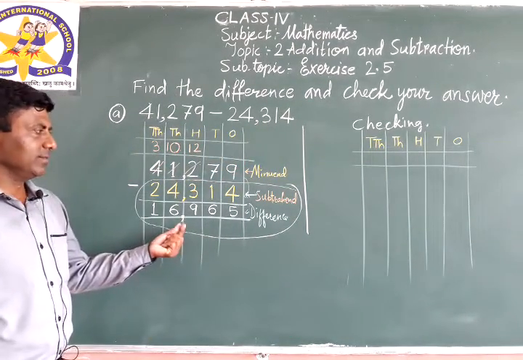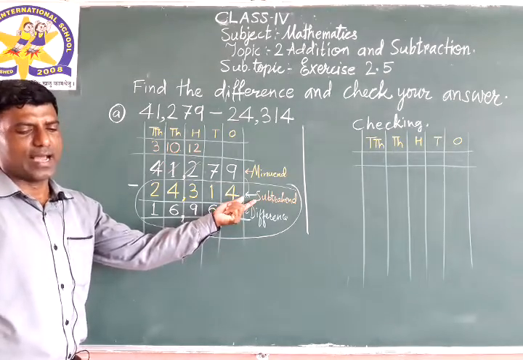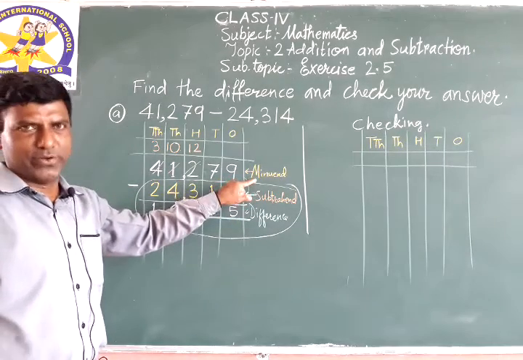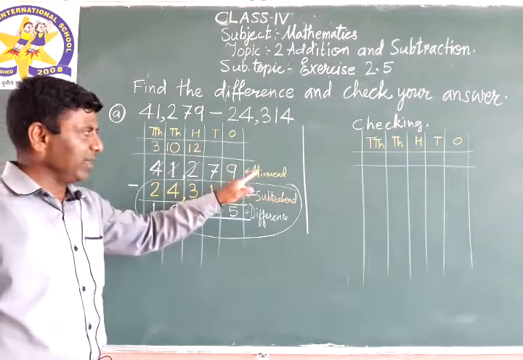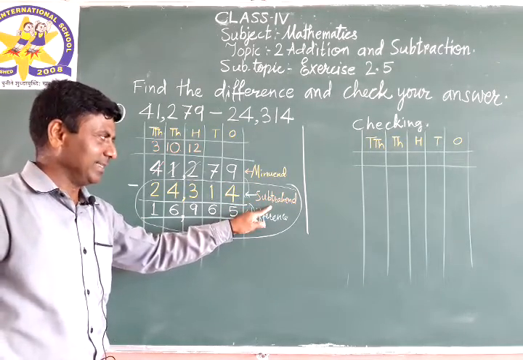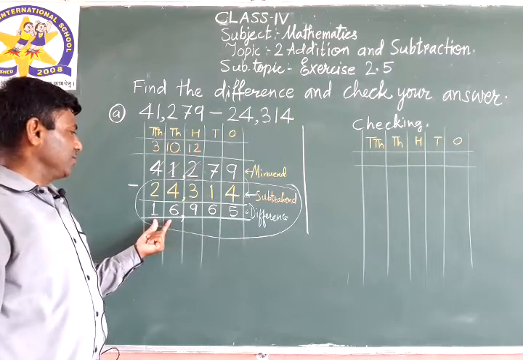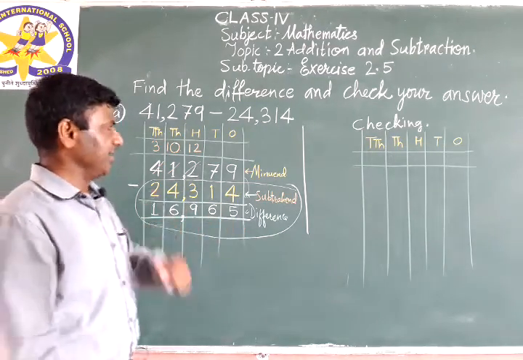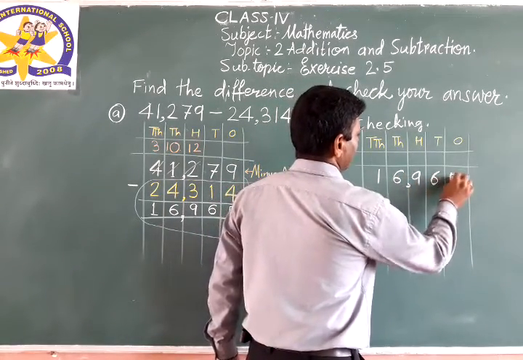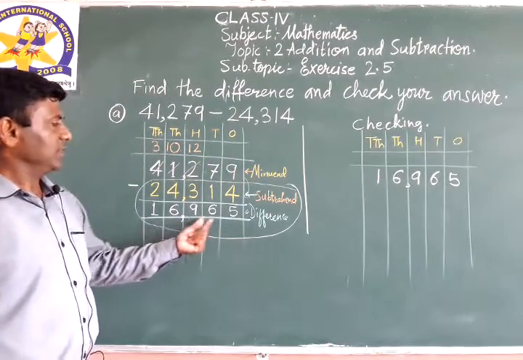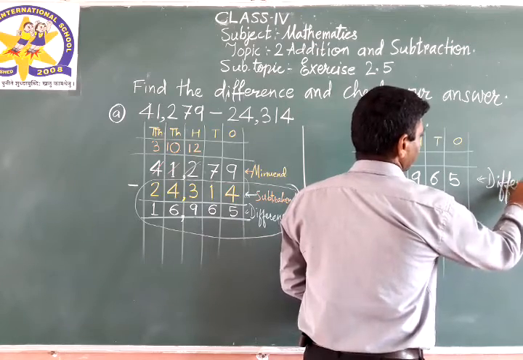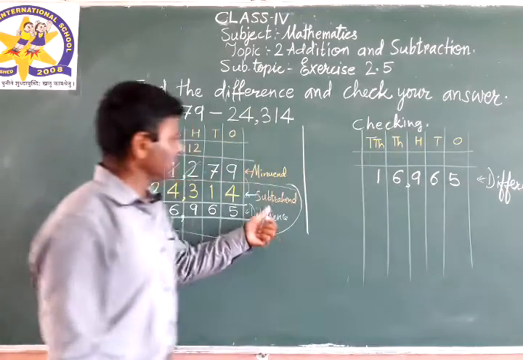Now, what to write here? Subtrahend and difference. If you add these two, you will get the minuend. This is the checking method. Minuend is equal to difference plus subtrahend. Understand? So, what is the difference? 16,965. So write 16,965. This is the difference. Now write the subtrahend.